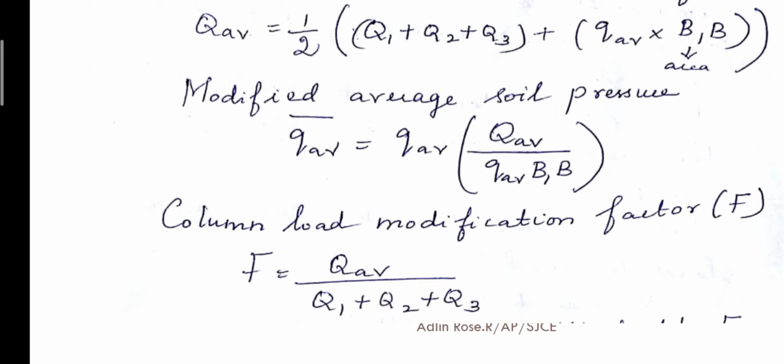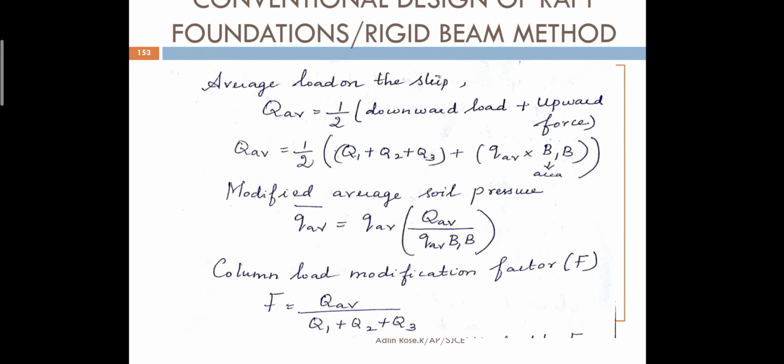Whereas in the previous formula, see, total average load divided by upward force. Here average load QAV divided by downward force. Okay, remember these formulas. So we find the modification factor.